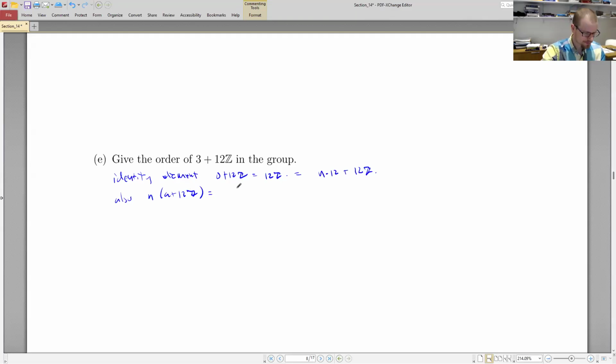I can observe this as n times a plus 12z. Again, I could expand that out through repeated addition, and recognize that that's a plus a plus a, n times, and that's just na. That's what we're interested in there.